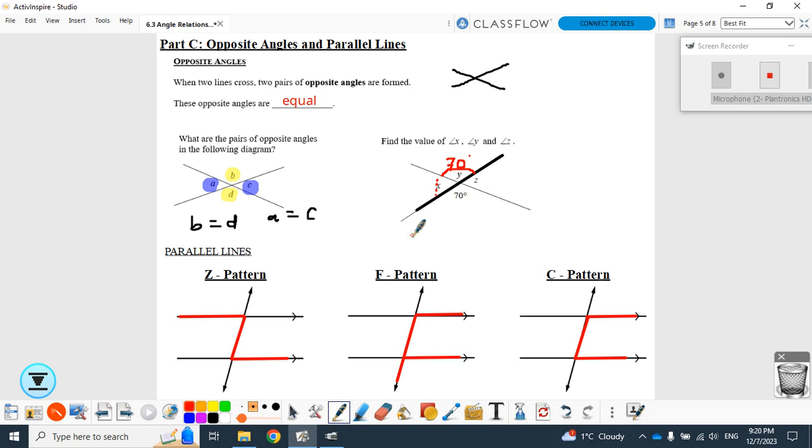So that must mean that X is going to be 110 degrees because of the straight line idea. And if X is 110 degrees and Z is opposite of X, then Z must also be 110 degrees. And that's how that works.